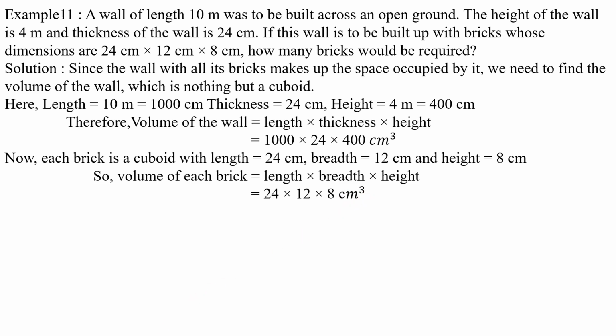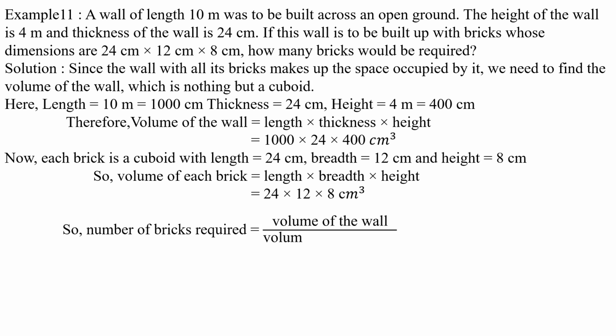Understood? Right. So, number of bricks required is equal to volume of the whole wall divided by volume of each brick. By using this formula, we can find the number of bricks required to build the wall.